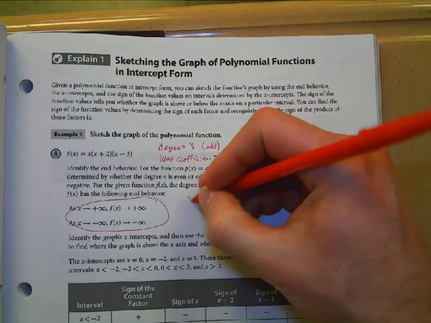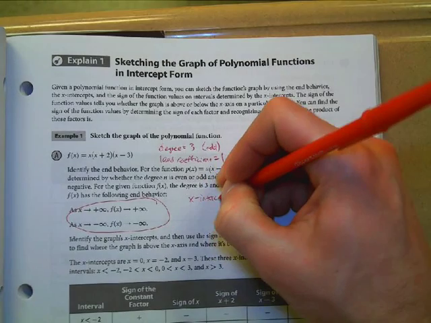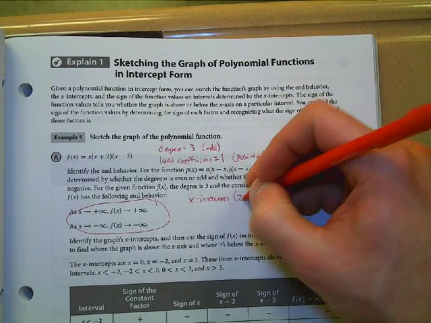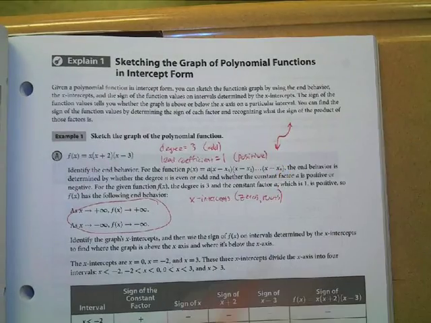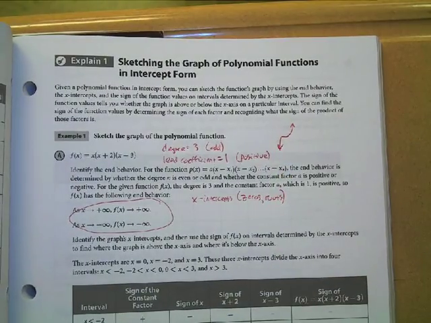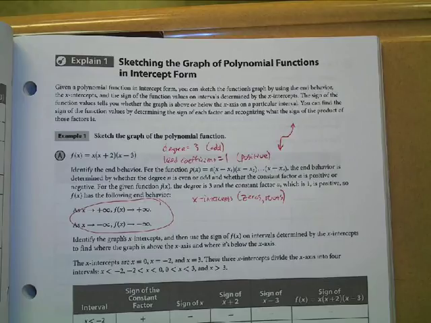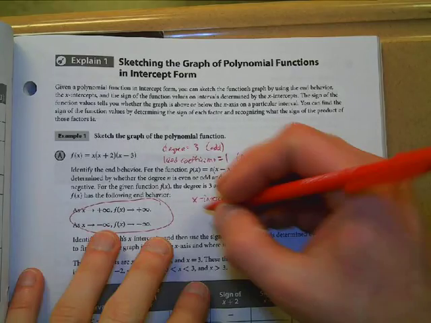Looking at our polynomial here, what will the zeros of this polynomial be? When will this thing equal 0? Here, I'll write it up here so you can see what I'm talking about. For what x values will this thing equal 0?